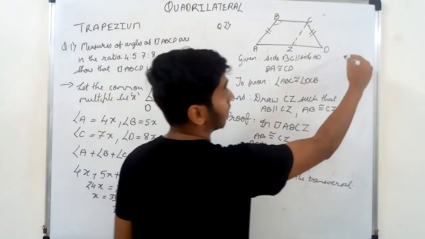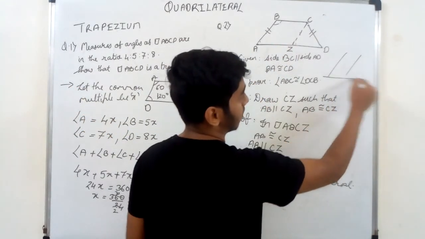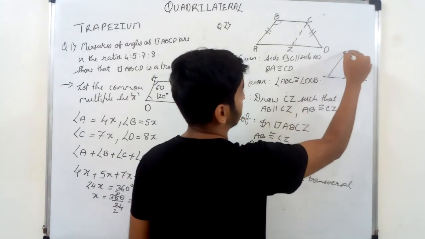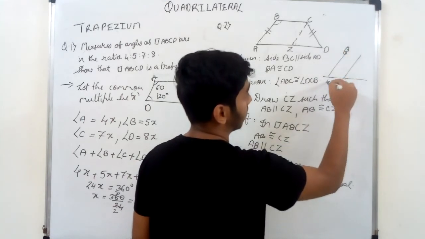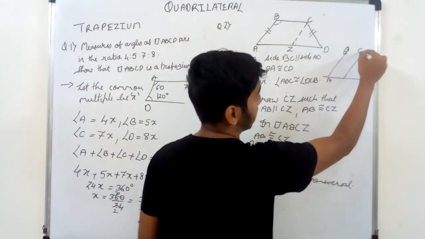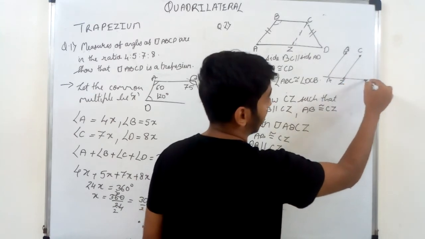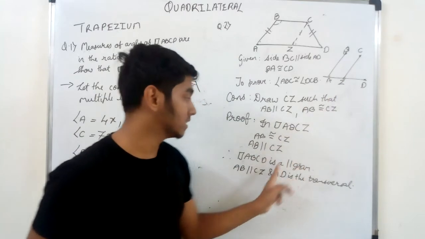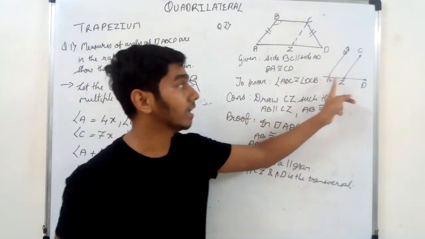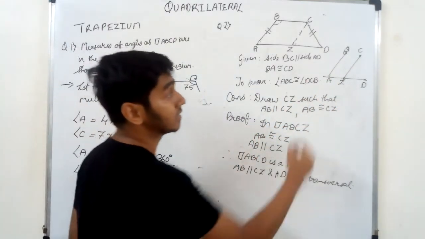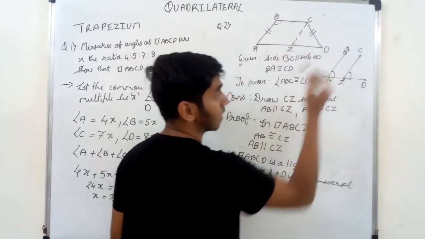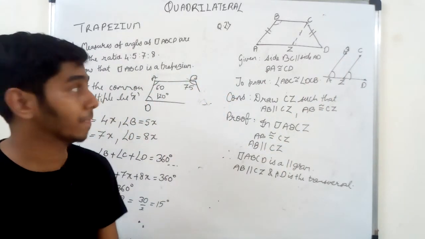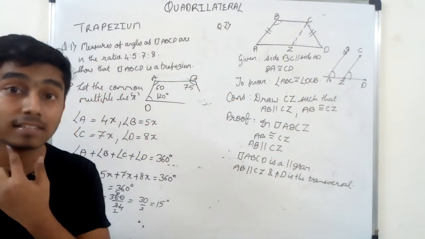So we are getting something like this. This is B, this is A, this is C, Z, and this is D. So if AB and CZ are parallel and AD is the transversal, can I say this angle and this angle are congruent? Yes or no? Why can I say this?